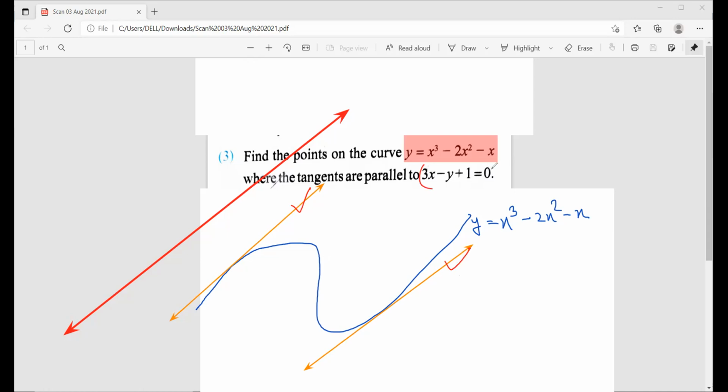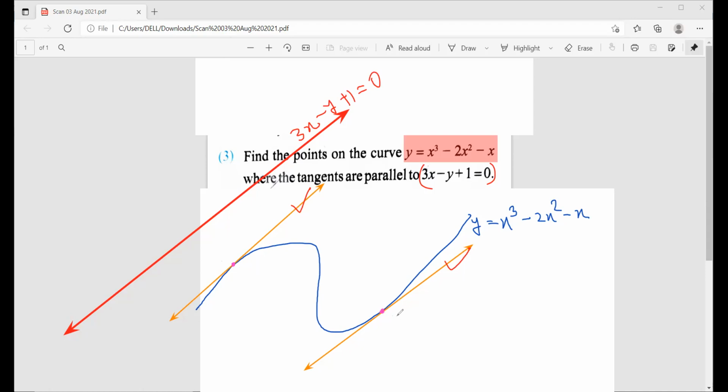What is the given line? The given line has equation 3x minus y plus 1 equal to 0. So where are these tangents drawn? You need to get the coordinates of this point and this point.